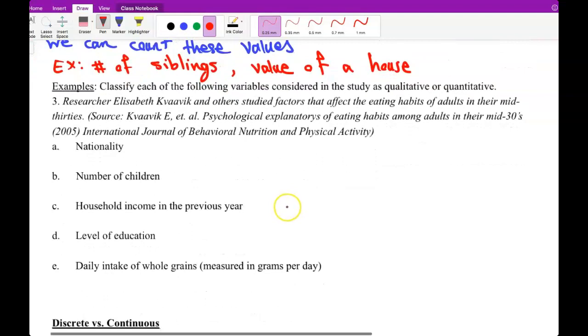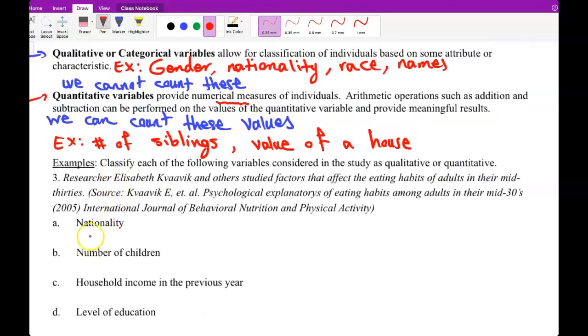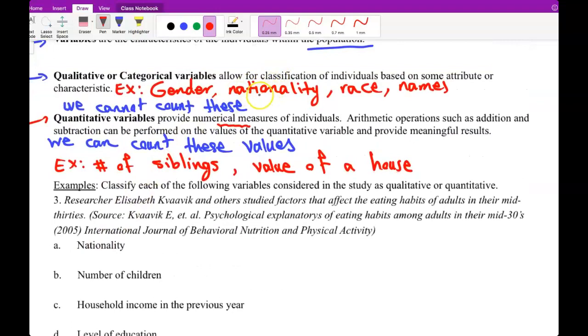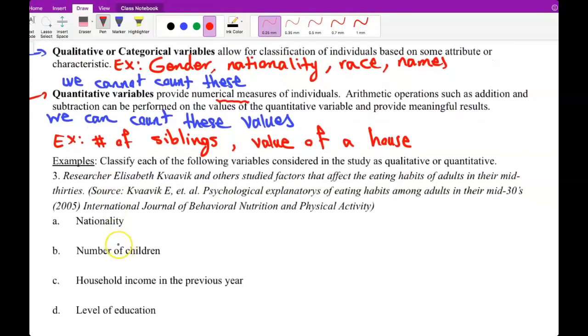Next one, example: classify each of the following variables considered in a study as qualitative or quantitative. The first one is nationality. I have exactly the same example here on top. So that is qualitative because we're not able to count this one.